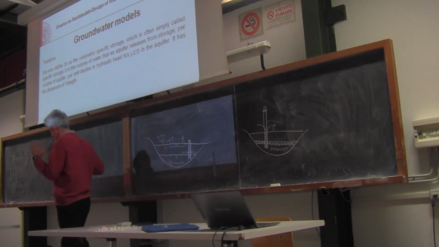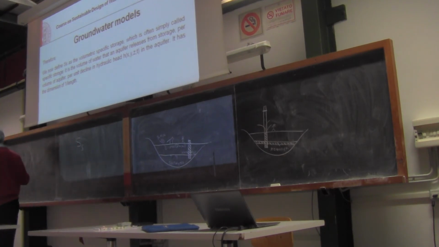Okay, so we understood what the hydraulic head of an aquifer is. It's the level that the aquifer reaches at the atmospheric pressure in that point. So, again, it's the level that water in the aquifer reaches at the atmospheric pressure.